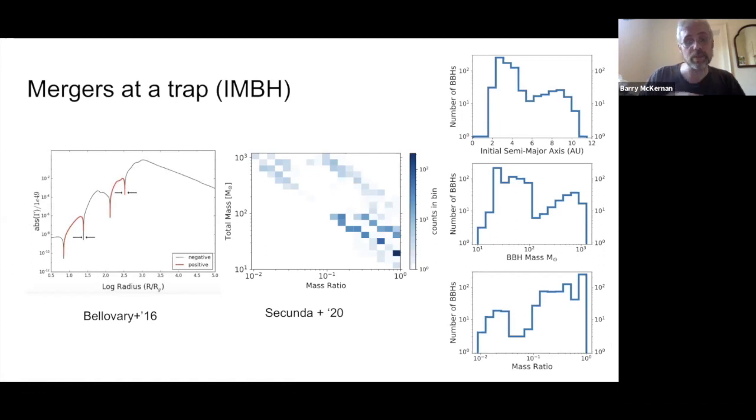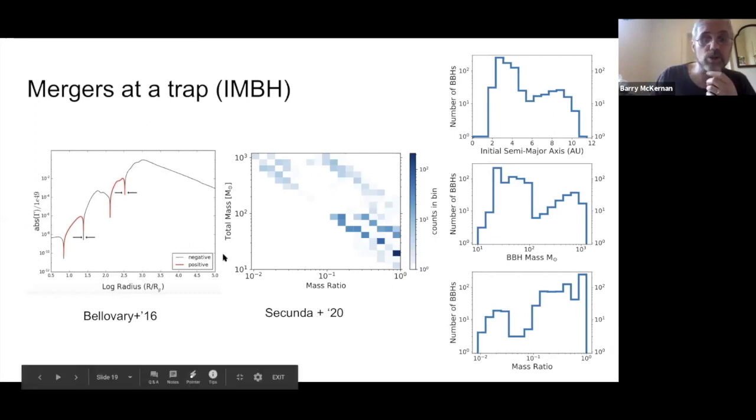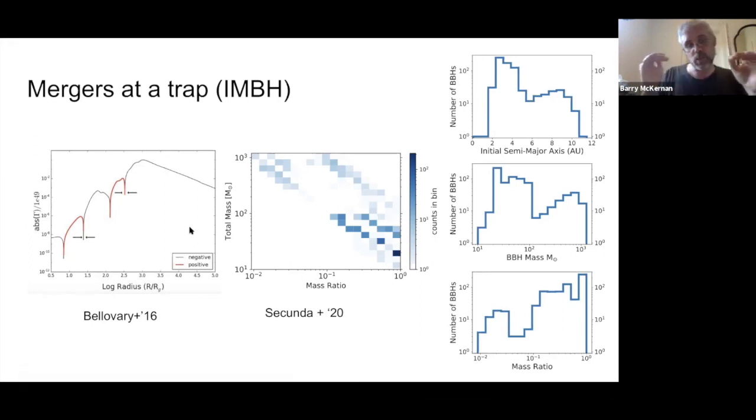And when that happens, that migration torque that I was telling you about that tends to bring things inwards in the disk flips sign and tends to migrate things outwards. And so there are going to be some orbits that will trap objects. And so things will tend to end up at these locations in AGN disks if you give it enough time. And what that does is that allows for fairly large masses to build up at these locations in disks.